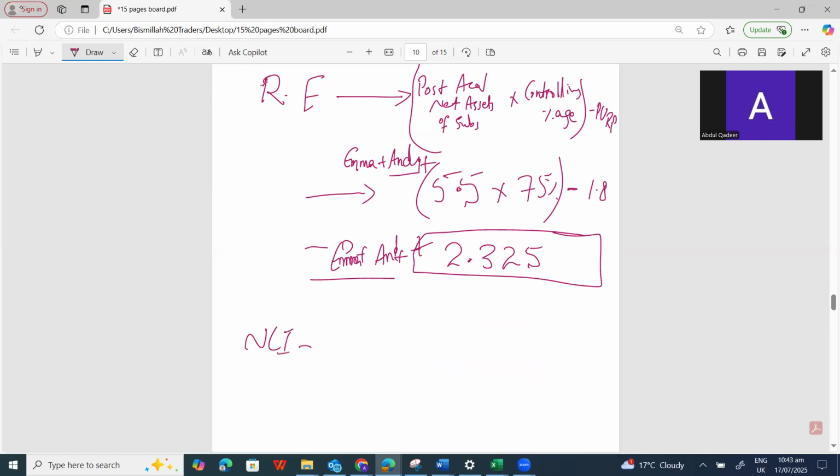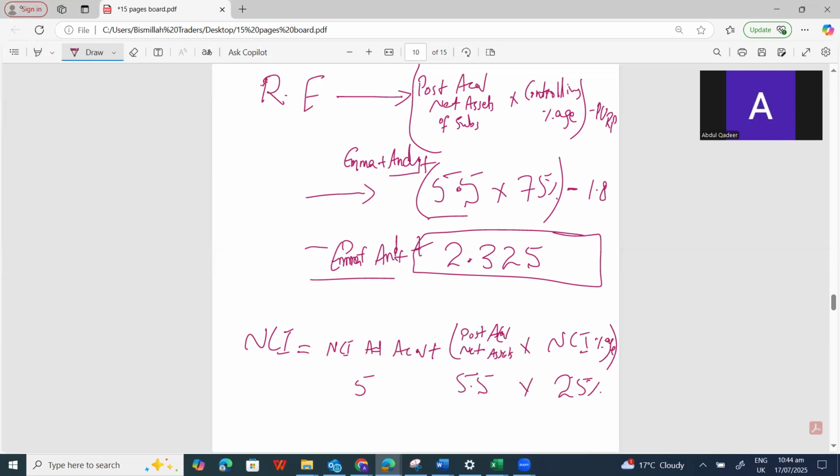Similarly, NCI at the reporting date will be equal to NCI at acquisition, which we calculated as 5K, with figures in thousands above, plus post acquisition net assets of the subsidiary multiplied by the NCI percentage, which as you know is 25%.